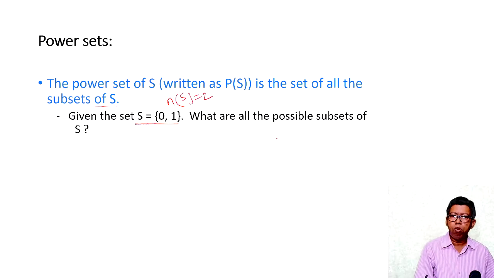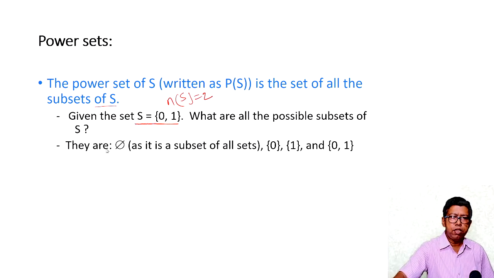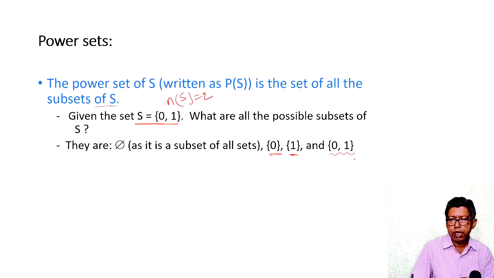And what are all the possible subsets of S? You can write in this way. Phi is a subset of all sets. You can take {0} as one of the sets. Taking the one element 1, you may make another set {1}, and {0, 1}, taking all the elements at a time, this may be another set.